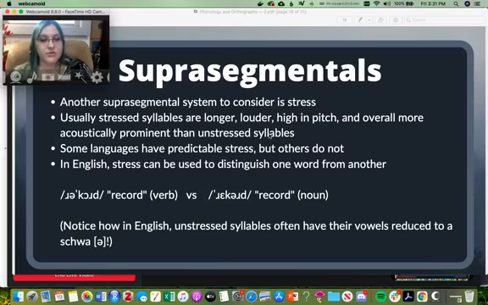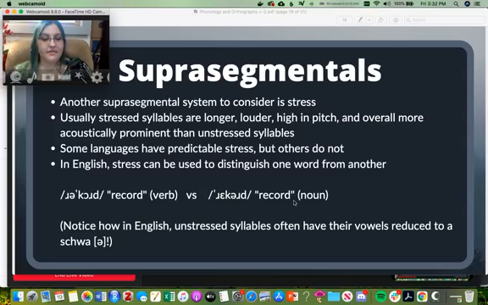So if you look at these words down here, we have record, which is a verb, an action, right, versus record. And the only difference here in the phonological system is going to be where you put the stress. In the IPA, we use this little thing that looks sort of like an apostrophe that comes before a stressed syllable. So this one indicates record, while this one is record, the noun, right?